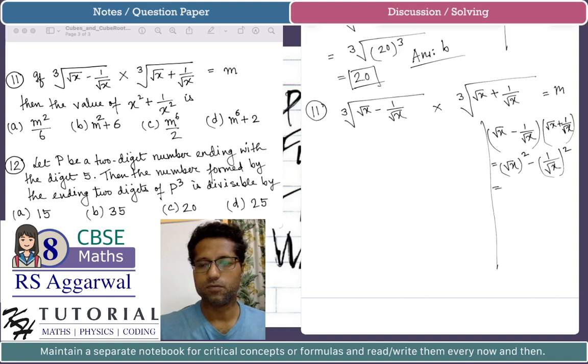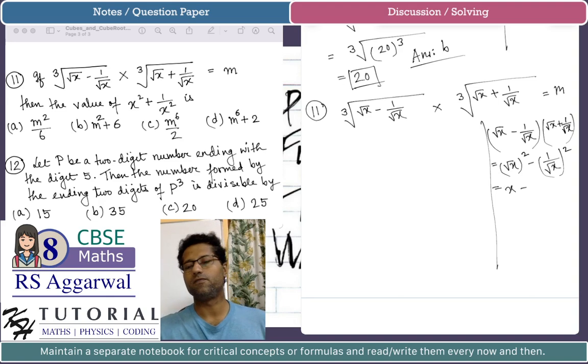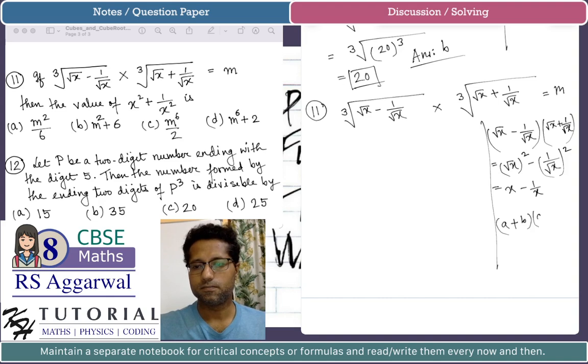This is the square of root x, which is x, minus the square of 1 by root x, which is 1 by x. We are applying the formula that a plus b multiplied by a minus b is equal to a square minus b square.